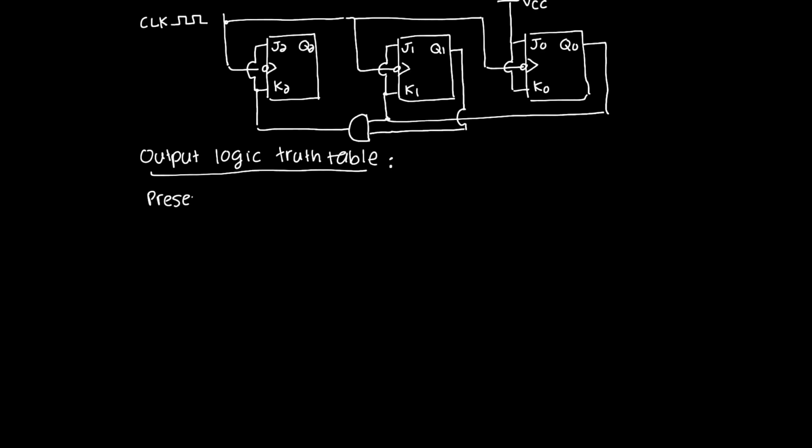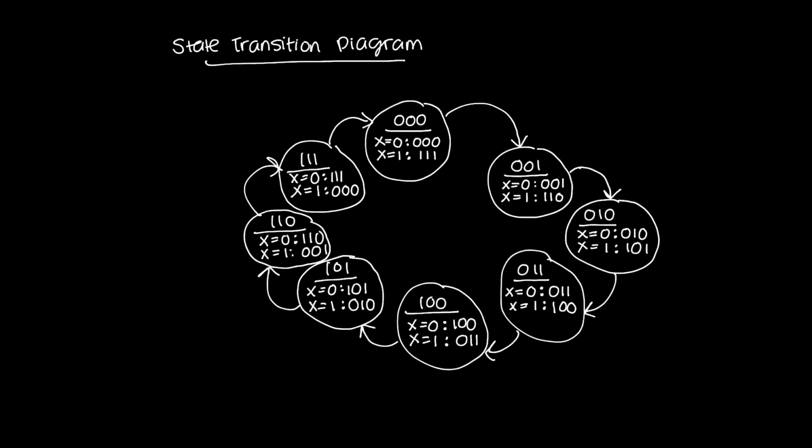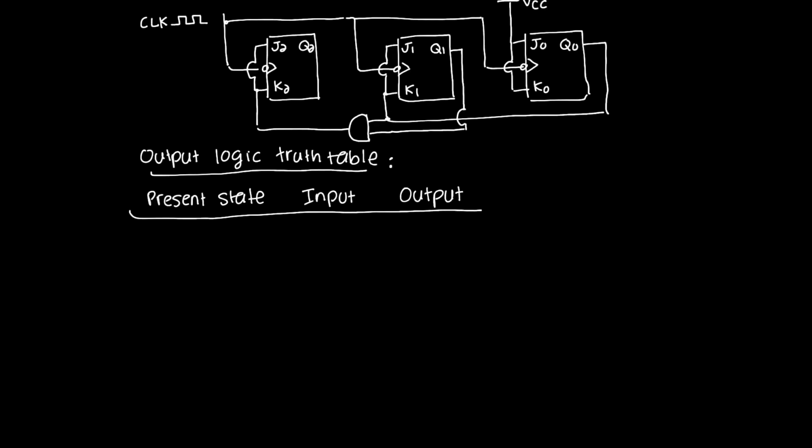I'm going to write out my present state, and I'm going to write my input, and then I'm going to write my output. I have not given my outputs a name, but as you can see, I have 3 bits representing the output, and because I called my input X, I'm just going to call my output Y, so not super original.